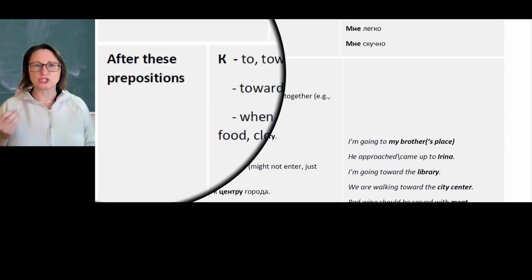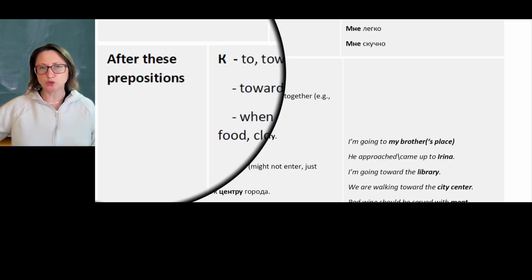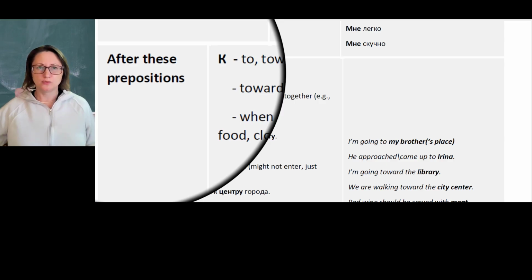We saw it with the preposition с. It goes with instrumental when we mean in the company of, together with. But it also means from a starting point in time, like from Monday, с понедельника, or coming back from an event. Я иду домой с работы. I'm coming home from work.